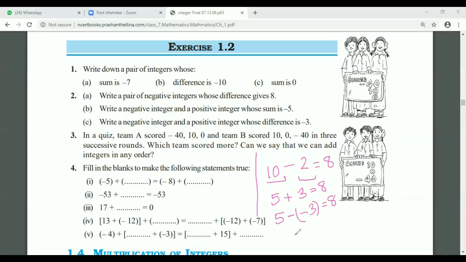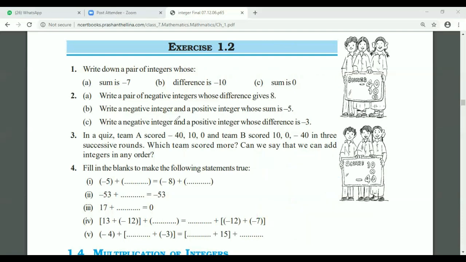So 5 and -3, their difference is 8. 10 and 2, their difference is 8. So here also so many pairs of numbers you can find. One example, 10 and 2, their difference is 8. 5 and -3, their difference is 8. So there are infinite number of examples.